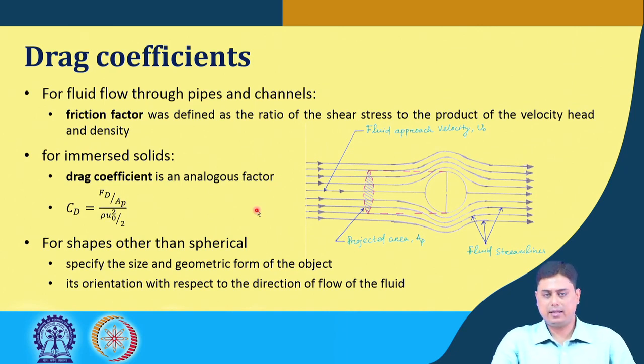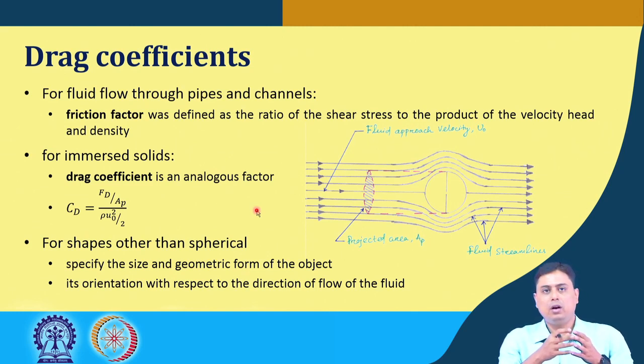Similar to that concept, which was applied for flow through a conduit, flow through a pipe, flow over a flat plate, now the scenario is that either the solid is suspended or there is a stagnant fluid and the solid particles are moving. So basically fluid and particle interaction is involved.